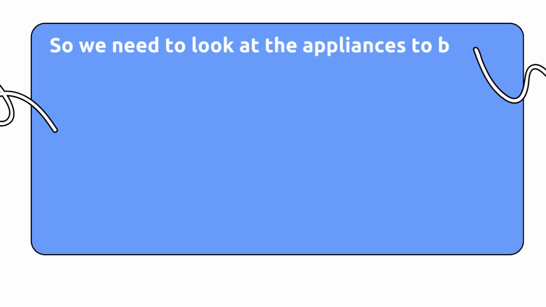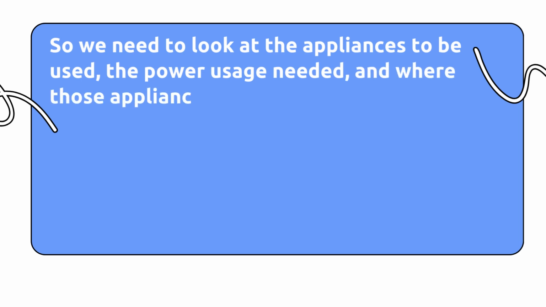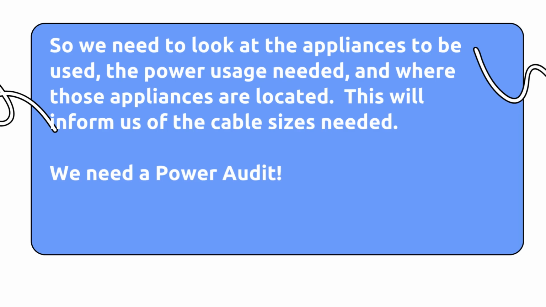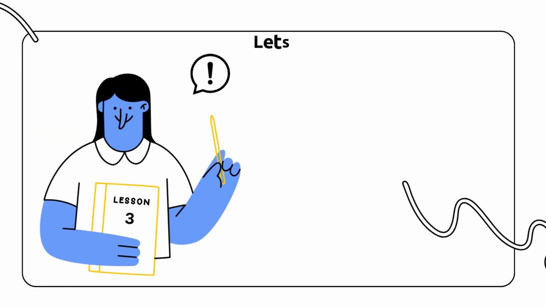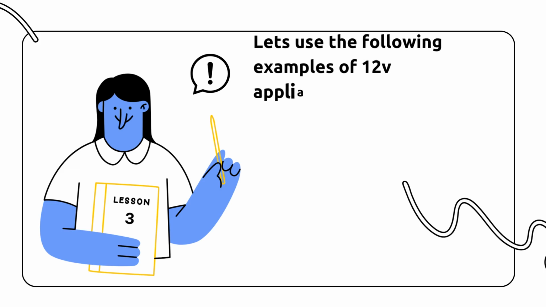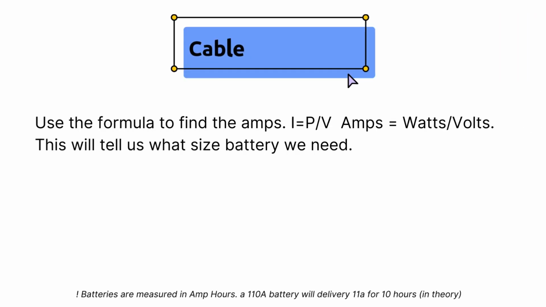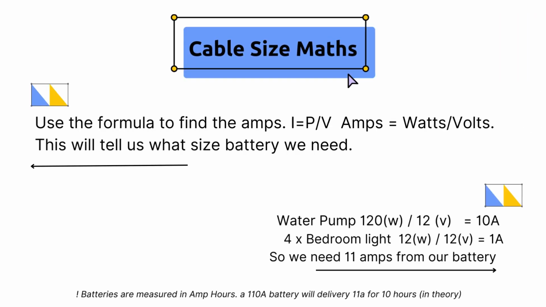Simple matter of voltage. Now, it's really important you understand what your power needs will be, so you really need to do a power audit. Using what we know, we can calculate the amps.